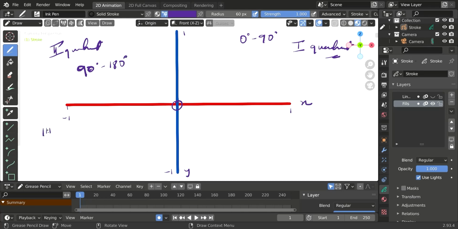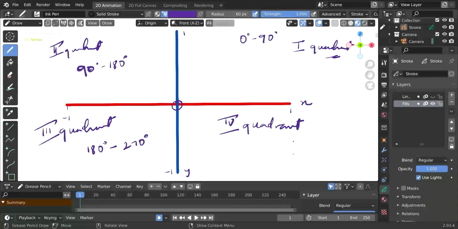Third quadrant, with values of 180 degrees to 270 degrees. And this is the fourth quadrant, which is 270 degrees to 360 degrees.